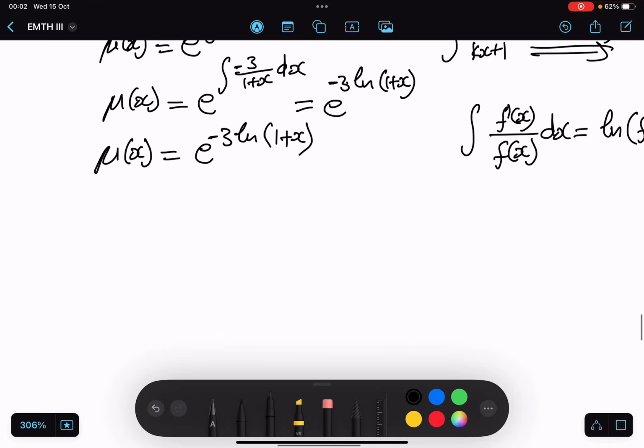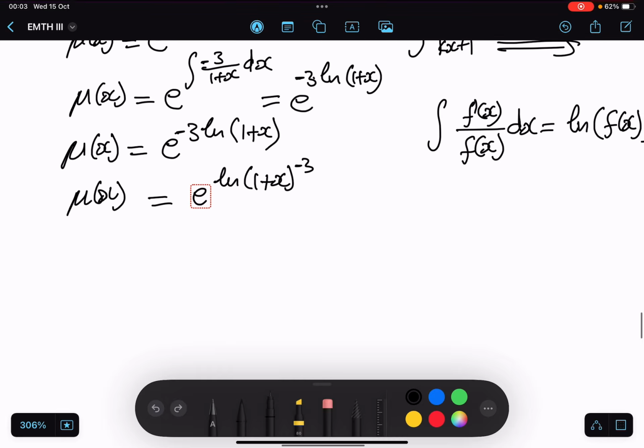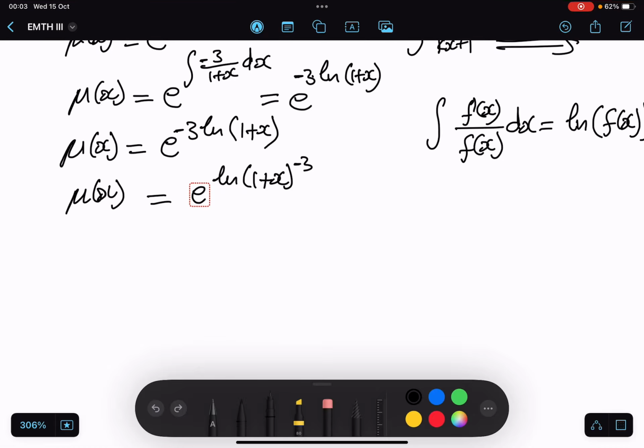We can simplify this as e to the power ln (1 + x)^(-3), because using the power rule we can take the negative 3 as the power of 1 + x.